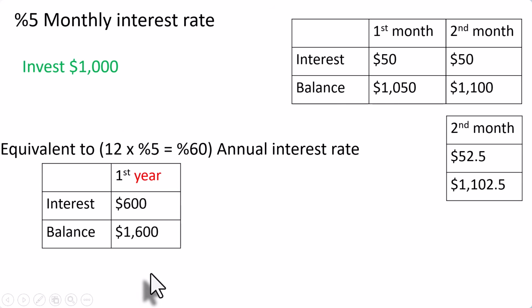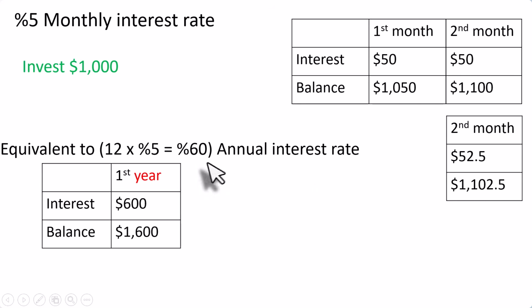Now I know what you're thinking right now. You're thinking, what if I have a 60% annual interest rate, but interest is being paid on a monthly basis? Something similar to this second scenario I explained.